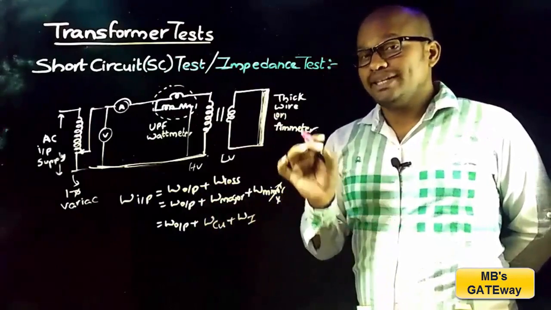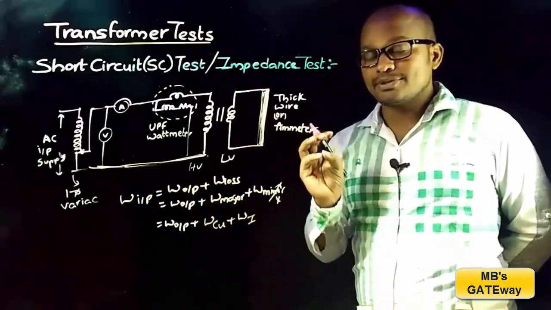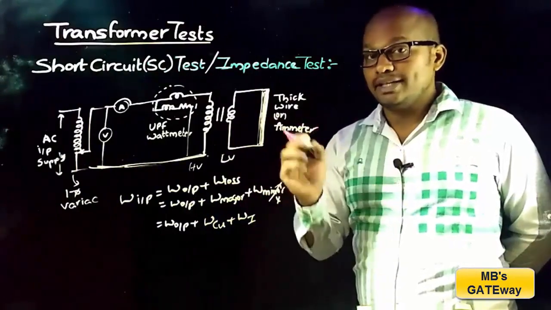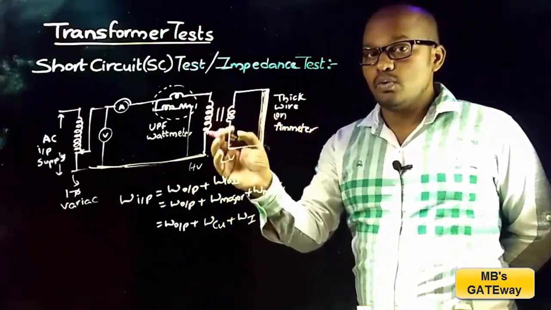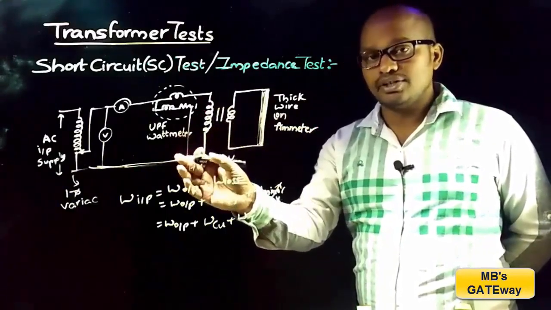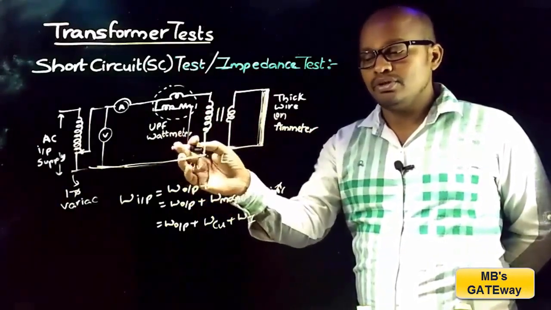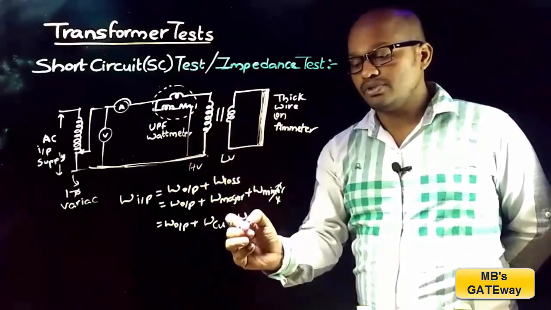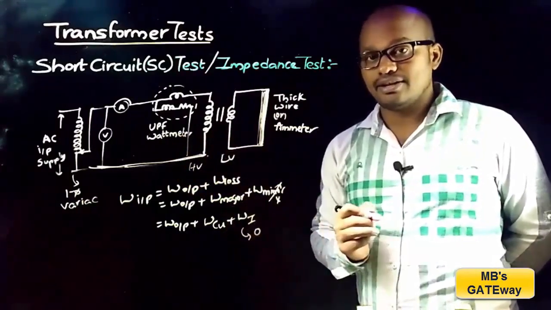From the losses topic, it is discussed that copper loss depends on the current and iron losses depend on the voltage. In short circuit test, as very low voltage is applied, that is 4 to 5% of the rated voltage at the input, the iron losses are very low, and because of which we can neglect these iron losses.